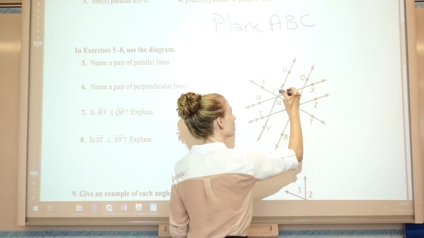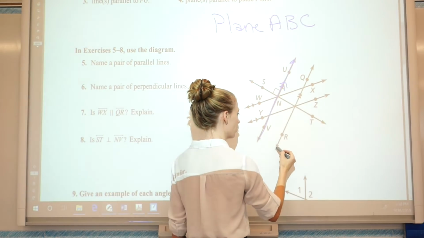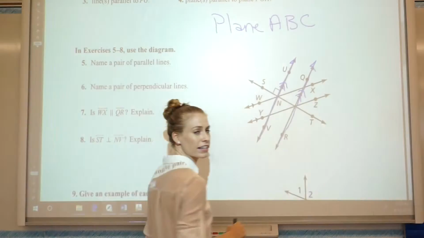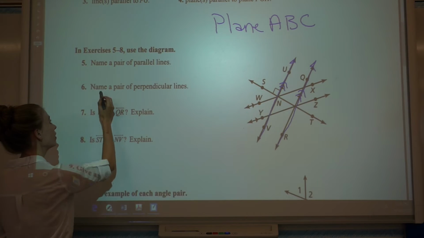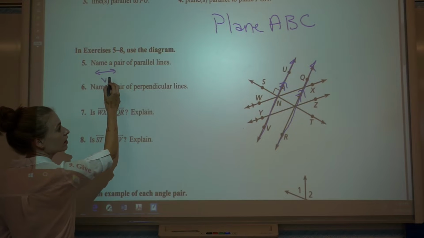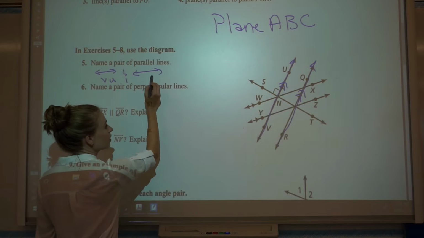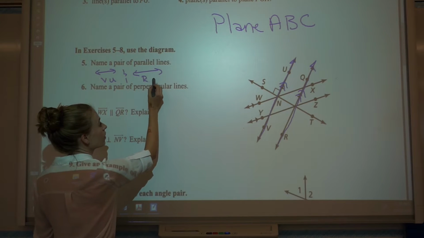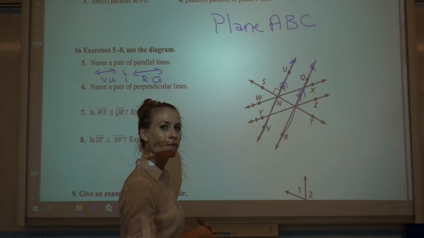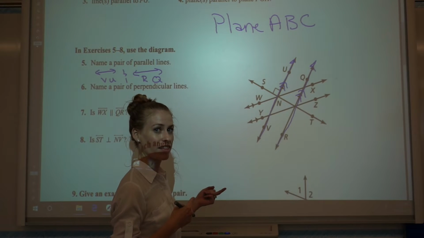If we look at this guy right here, you notice there's two arrows pointing up. If you look at the line next to him, he also has two arrows pointing up. That indicates that they're parallel. So we can say line VU and also line RQ. There is another pair, but I'm going to keep going. Try to find another pair. You can pause the video and try to find the other one.